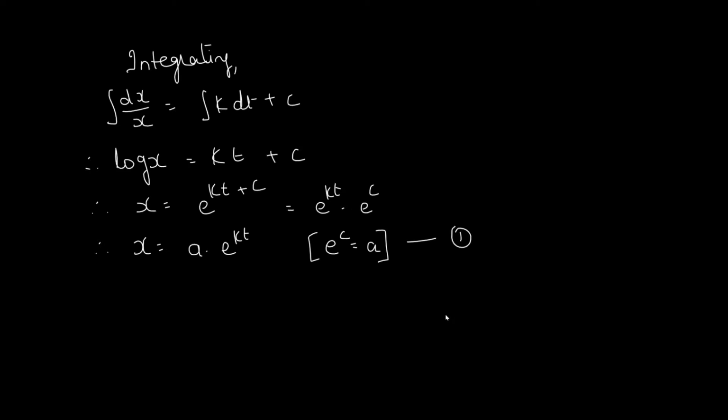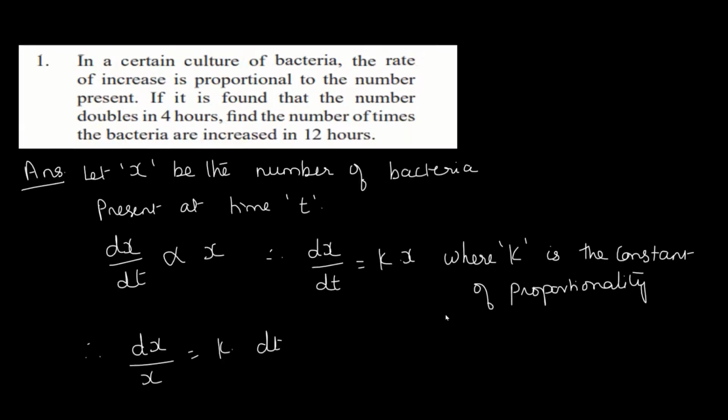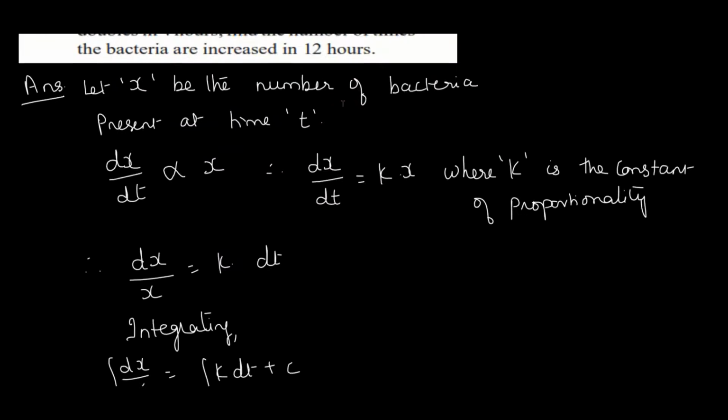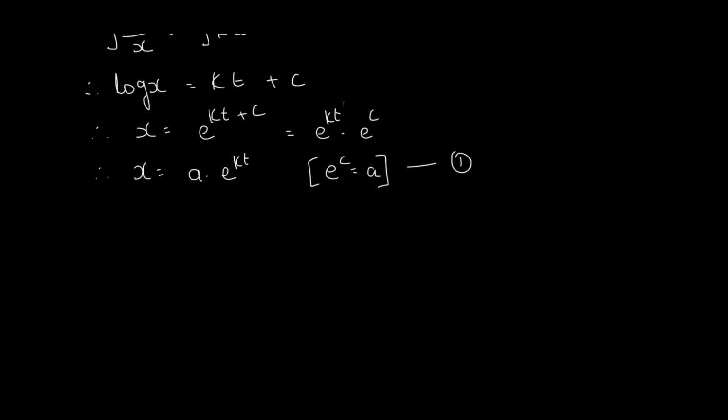Now according to the given condition, in the beginning, the number of bacteria which are present, when in the question it is found that the number doubles in 4 hours. That means in the beginning, when t is equal to 0, suppose n is the number of bacteria which is present. So let us write it this way.